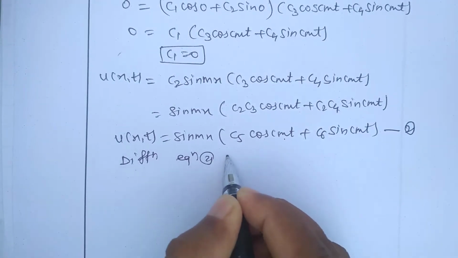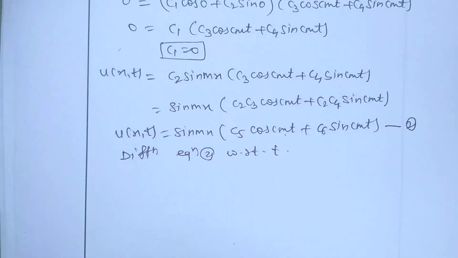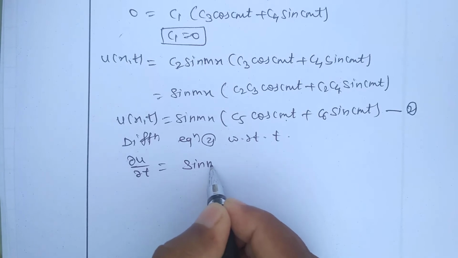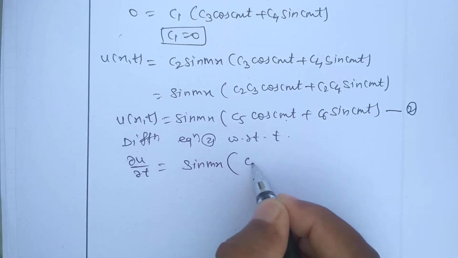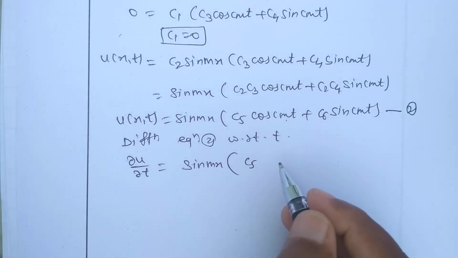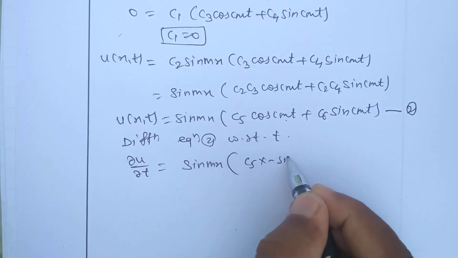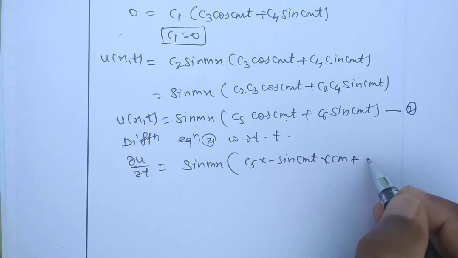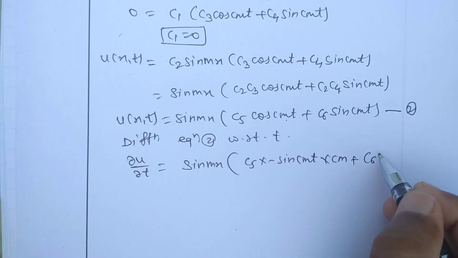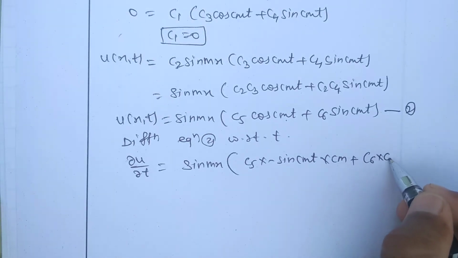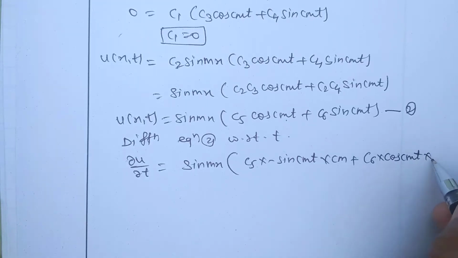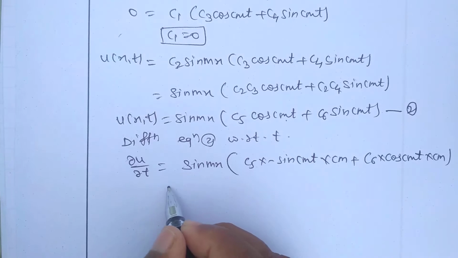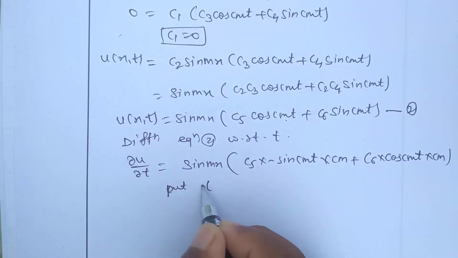Differentiating equation 2 with respect to t, we get ∂u/∂t = sin mx (c5 times derivative of cos function, which is −sin cmt into cm, plus c6 times derivative of sin function, which is cos cmt into cm). Then put t = 0.